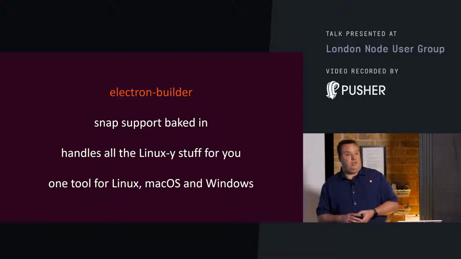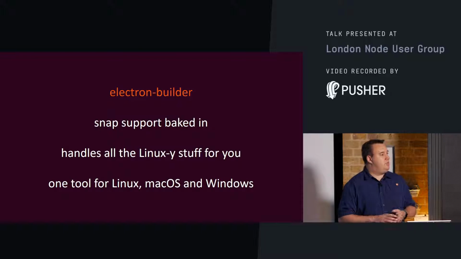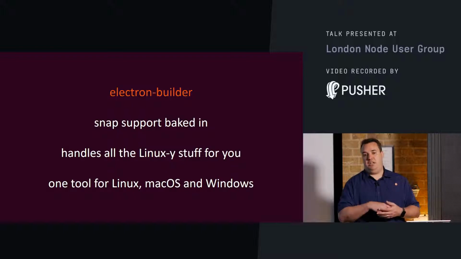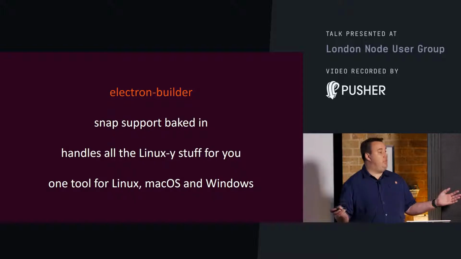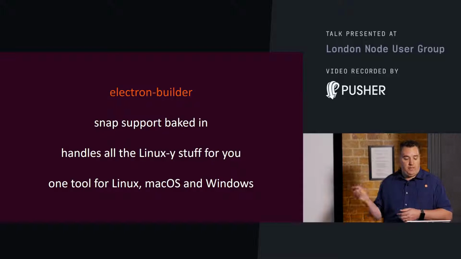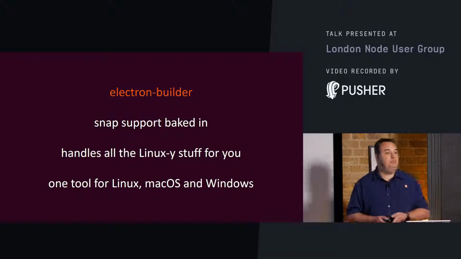So Electron Builder. Electron Builder isn't just for snaps. Electron Builder can create installers for all platforms. It can create DMGs for macOS, it can create MSI and EXE installers on Windows, and it can create snaps for Linux. So it's one tool that can create your installers for all the things. We've been working with the Electron Builder upstream team to land snap support in Electron Builder, so it's a first-class citizen there.